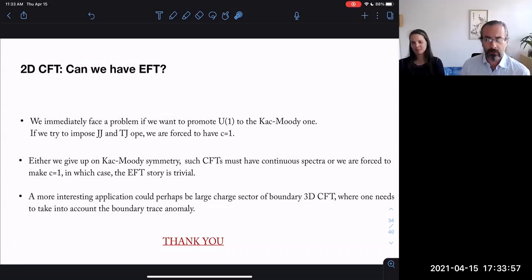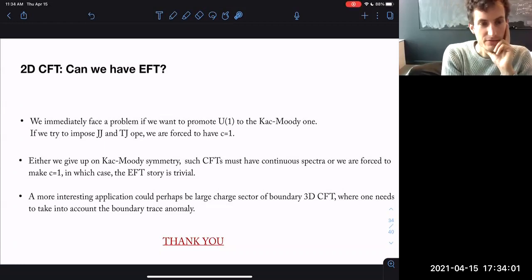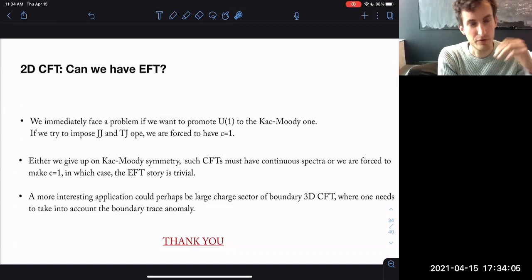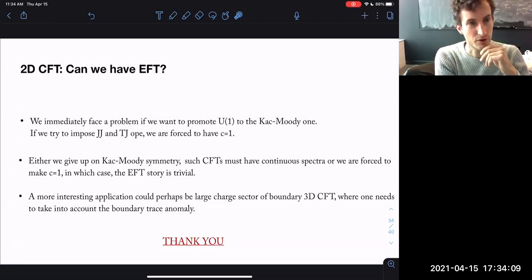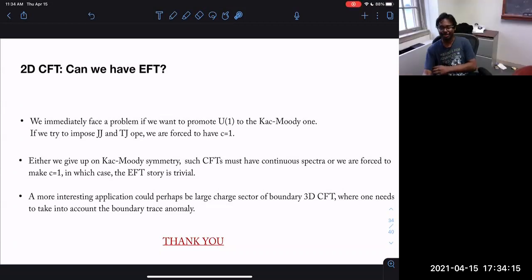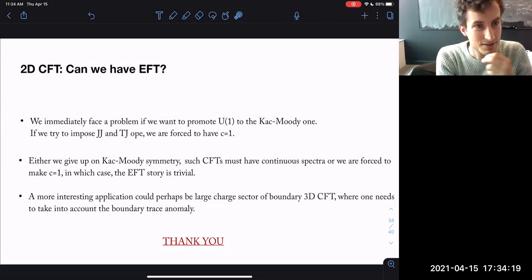Go, Luca. Okay, great. This 2D CFT EFT is kind of reminiscent of Liouville theory, how Liouville theory in the thermal case at large dimension can reproduce thermal correlation functions semi-classically. Have you thought about that? No, I haven't thought about it.